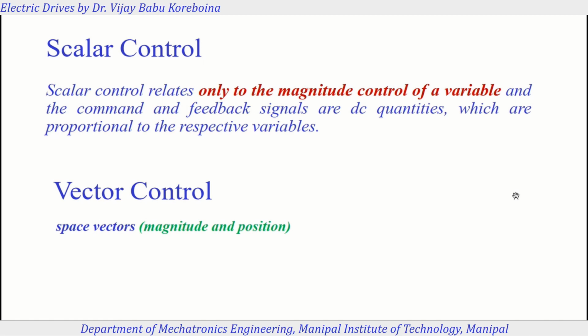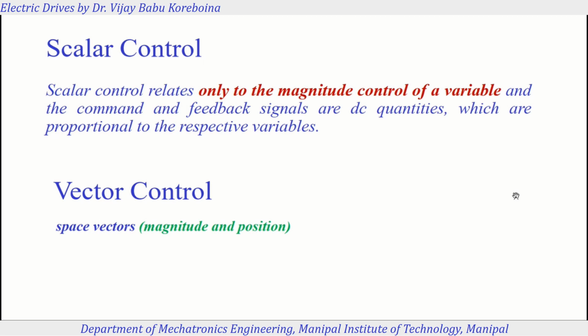However, in an induction motor drive, we also understand that it is a three-phase system, and we have a rotating magnetic field which is the resultant of the three magnetic fields produced by the three-phase system, where the magnitude as well as the position of the flux is very important. So basically in two ways we can control the induction motor drive.